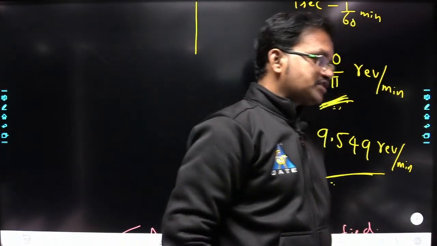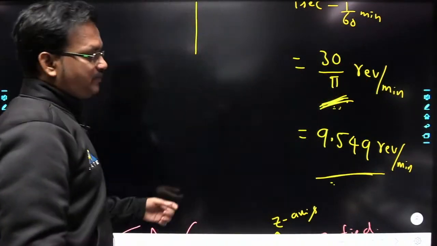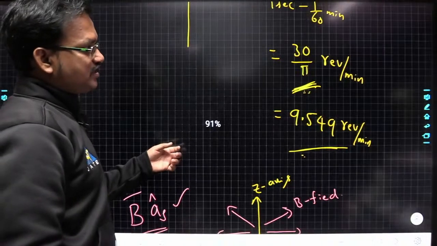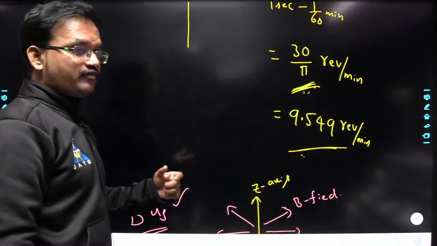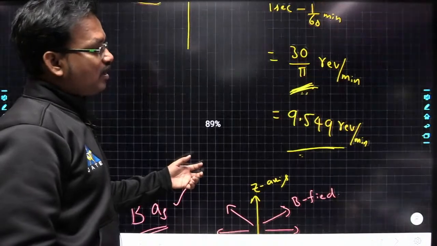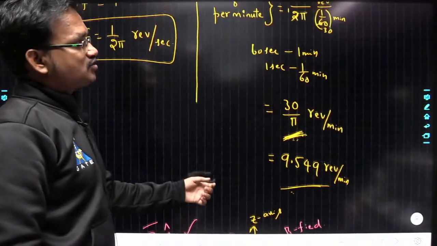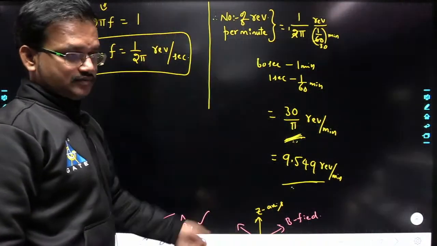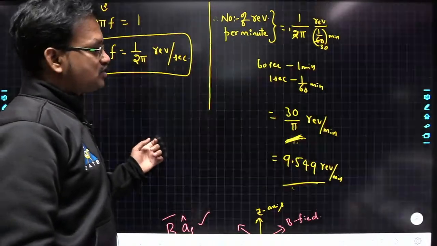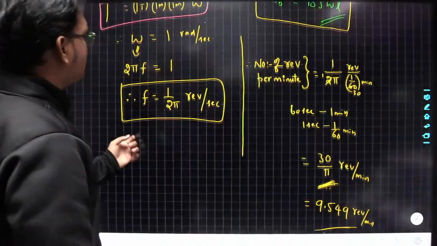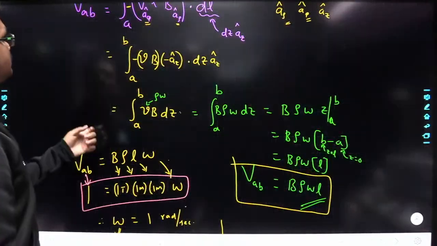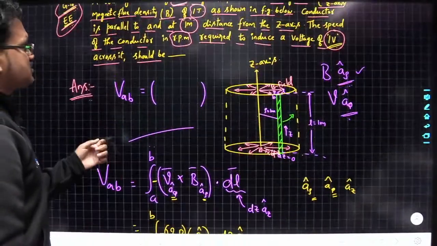RPM, revolutions per minute. Always frequency here. Frequency will give you the number of revolutions per second. If you want the number of revolutions per minute, this is the way you have to convert. Understood? So this question is given for electrical students in GATE. I hope this is crystal clear here.